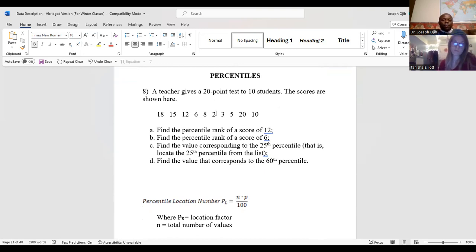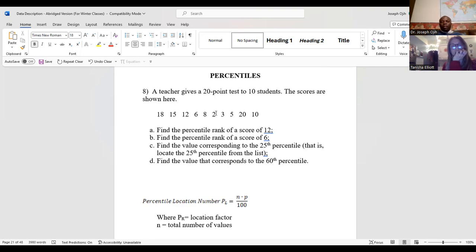Find the percentile rank of the score of 12. Find the percentile rank of the score of 6. Find the value that corresponds to the 25th percentile, which is another way of asking you to find the 25th percentile score. Then find the value that corresponds to the 60th percentile.